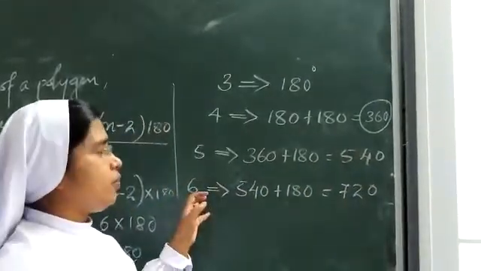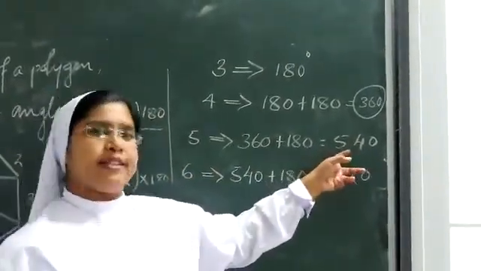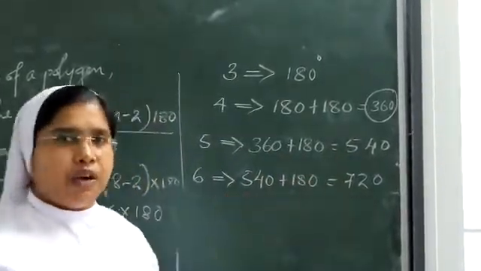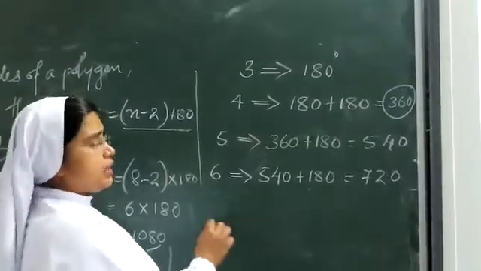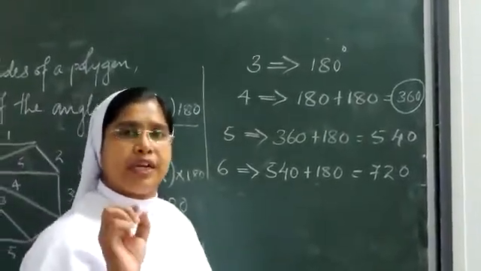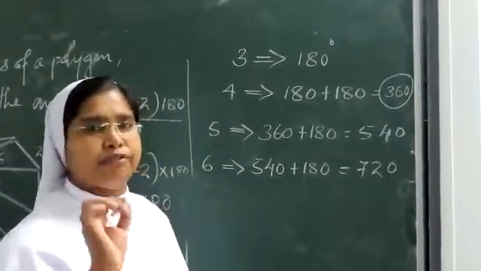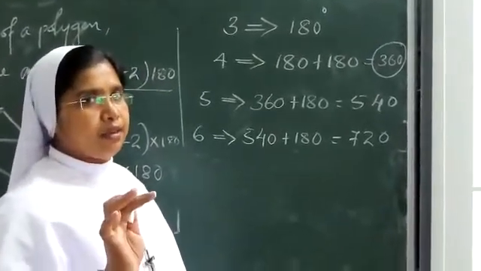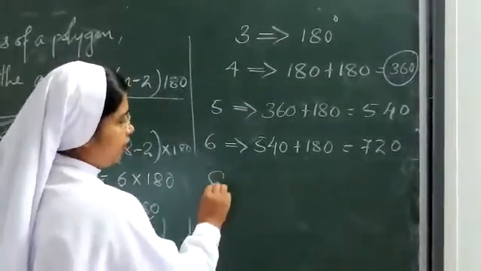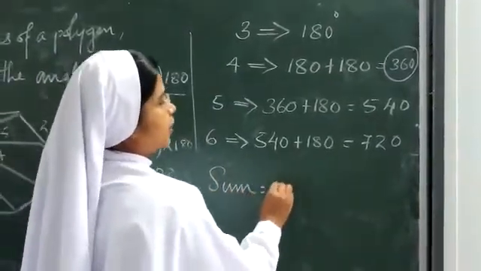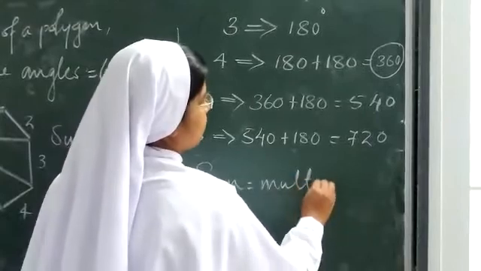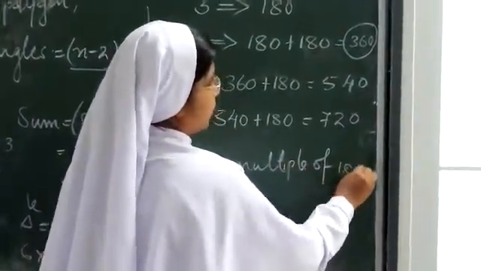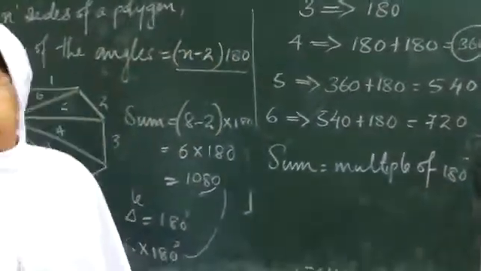Now 6 sides: 540 plus 180 is equal to 720. Always remember the sum of the angles of a polygon will be a multiple of 180. Hope it is clear to you. Keep in mind.